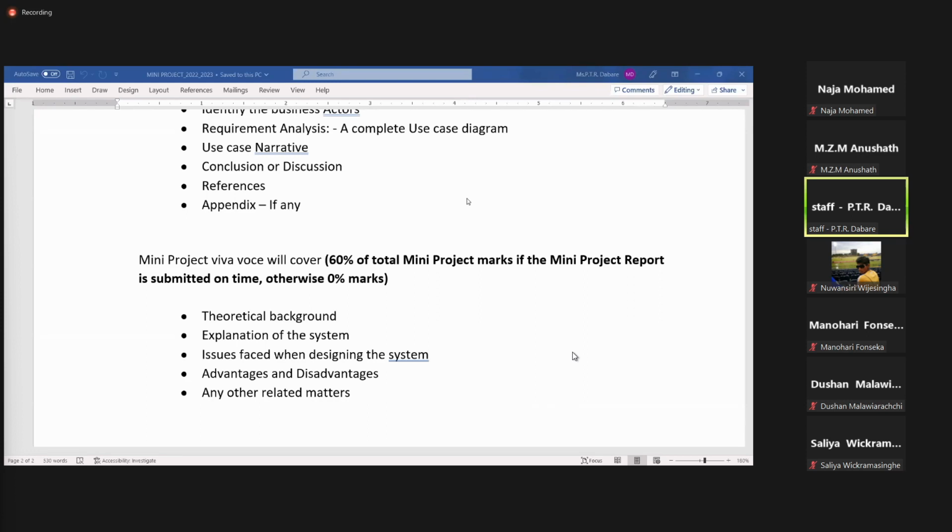In the Viva, the lecturer or the tutor will ask questions on the theoretical background, meaning whatever is necessary in the theory. For example, when drawing a use case diagram, why do you draw it? One student is asking what a use case diagram is.